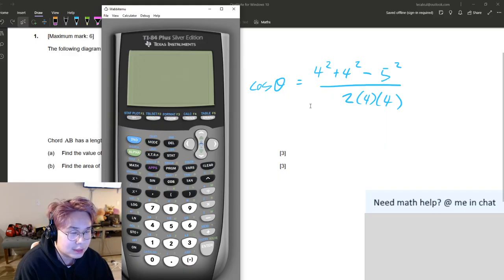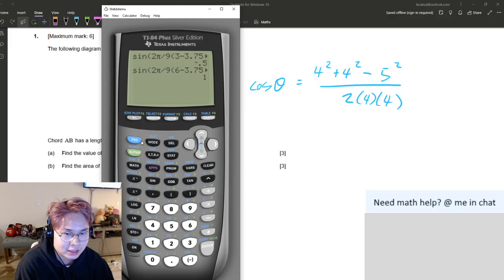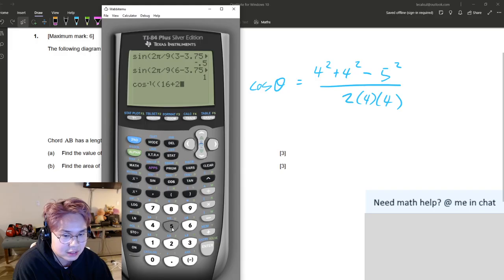Okay, so we will take the inverse cosine of all of this. We want it in radians, and I remember that was an issue last time, so make sure I'm in radians, which I am. Okay, so inverse cosine, and then this is going to be 16 plus 25, plus another 16. So 4 squared is 16, 5 squared is 25.